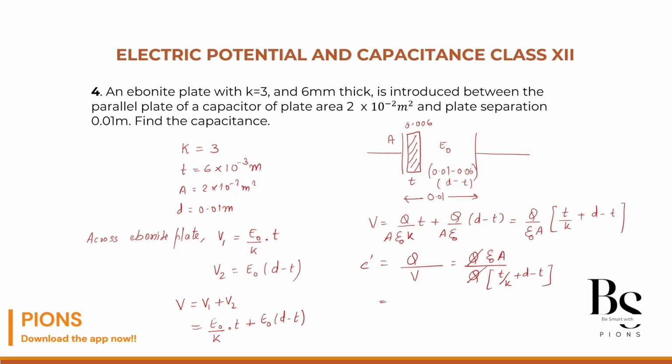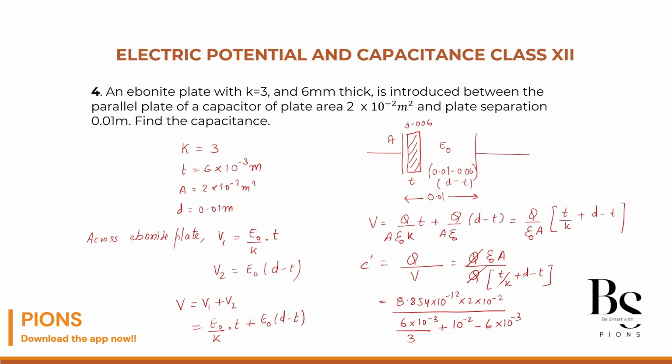So we are left with epsilon naught, 8.854 into 10 to the power minus 12, times area 2 into 10 to the power minus 2, whole divided by thickness 6 millimeter over K value 3, plus D 0.01 minus T 6 into 10 to the power minus 3. Let's simplify it further.